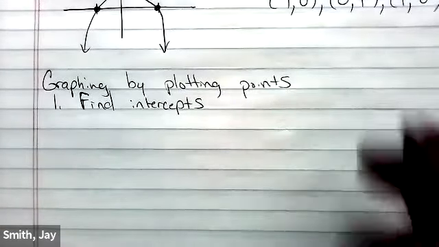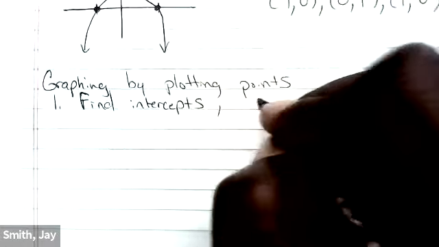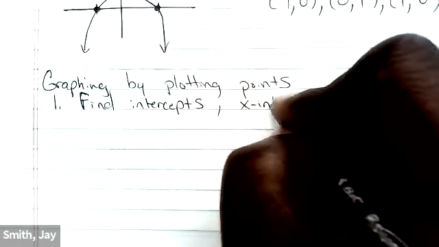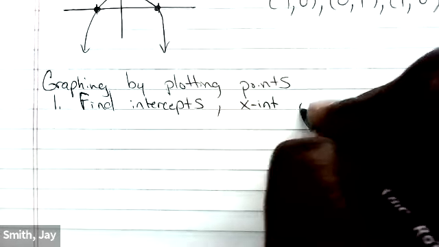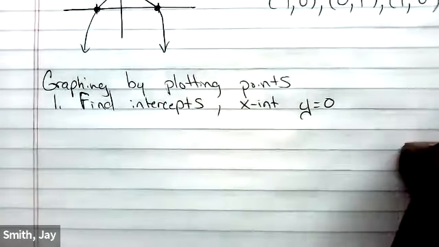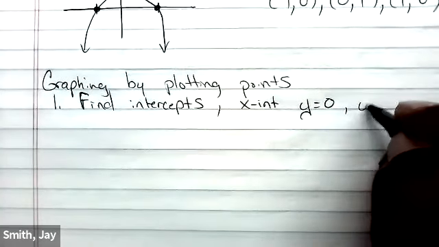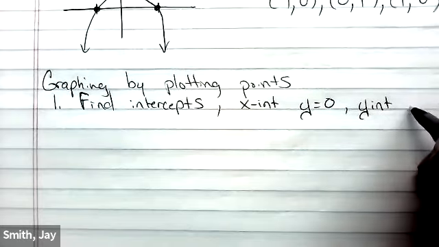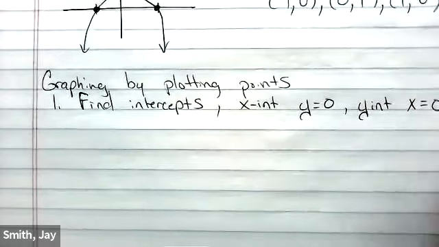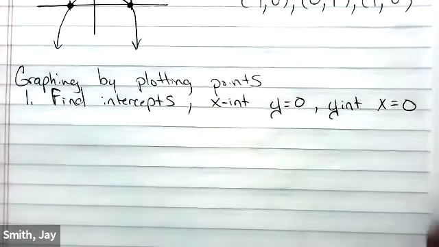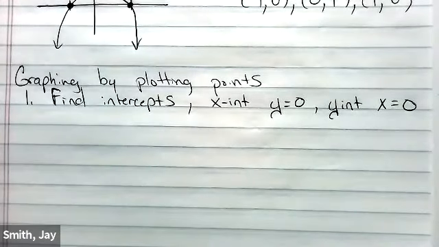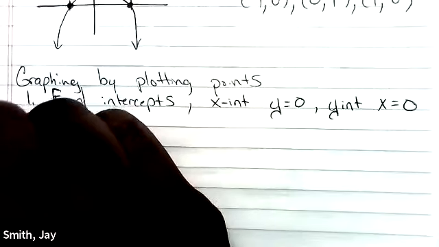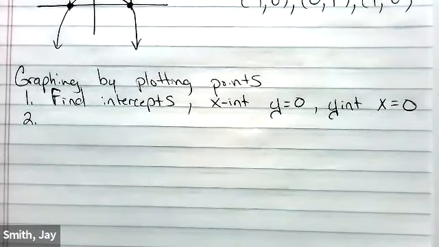So remember, when we're dealing with our intercepts, in particular our x-intercept implies that y is equal to 0, and vice versa. For our y-intercept, this implies that my x is equal to 0. Second step, remember this is going to give me 2 points. I like to graph 3. This is going to make the graph accurate.